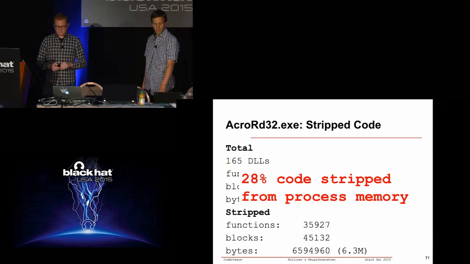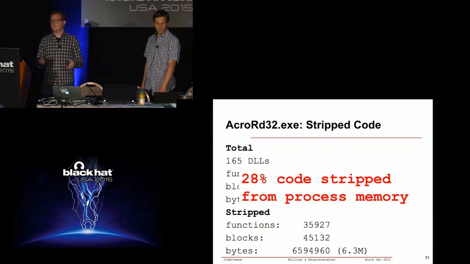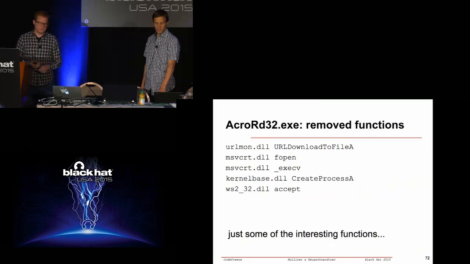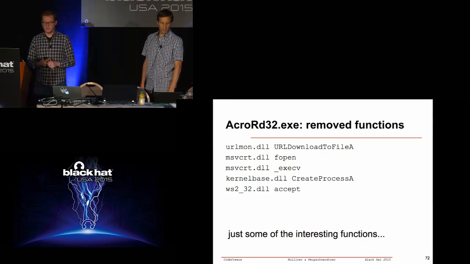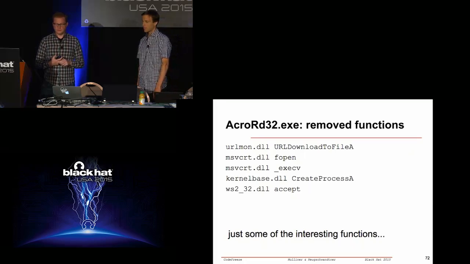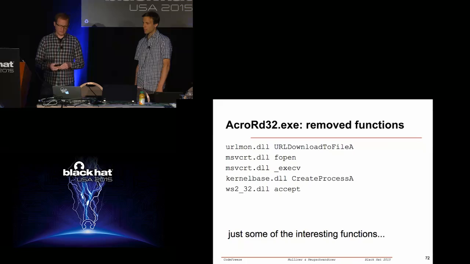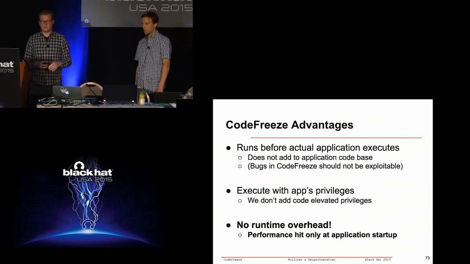And in this case, you are still able to strip 28%. I think it's actually 28.9, but say 28% of code from Adobe Reader, and some of the interesting stuff that gets stripped is CreateProcess or accept. This is some of the more interesting functionality that is stripped.